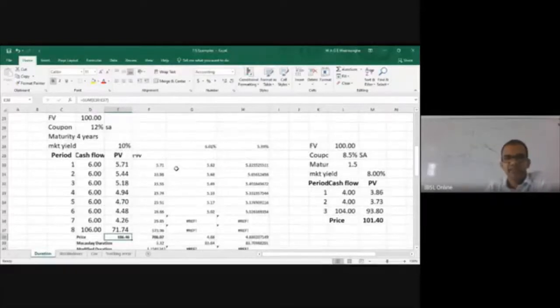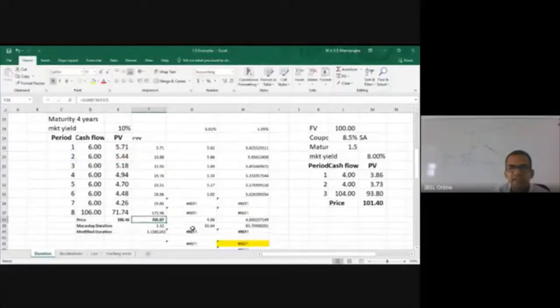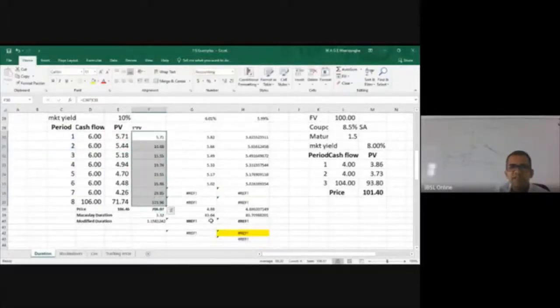To calculate the duration, again, we multiply this time by the present value of the cash flow. Multiplication of these two figures, same thing. Then at the end, we add all these figures together.